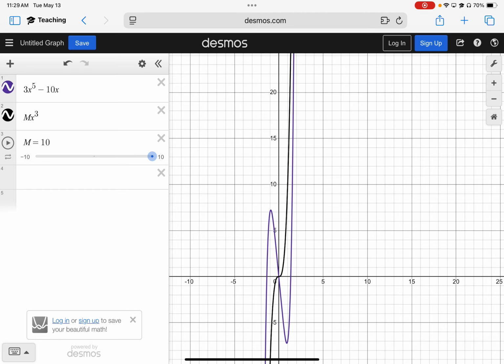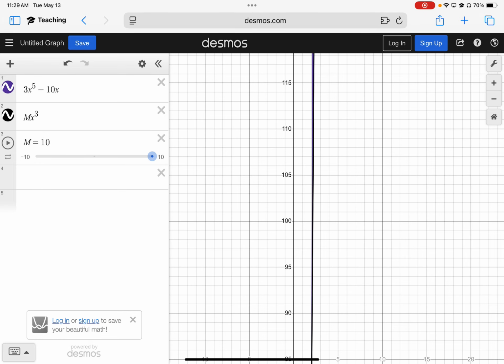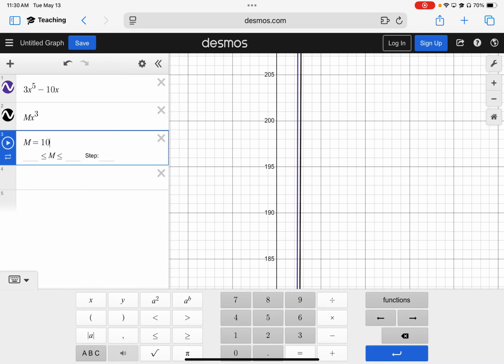Amazing. Congratulations. But if we scroll up and up and up, we see that eventually 3x to the 5 minus 10x overtakes mx cubed. So maybe we could choose an even bigger number.